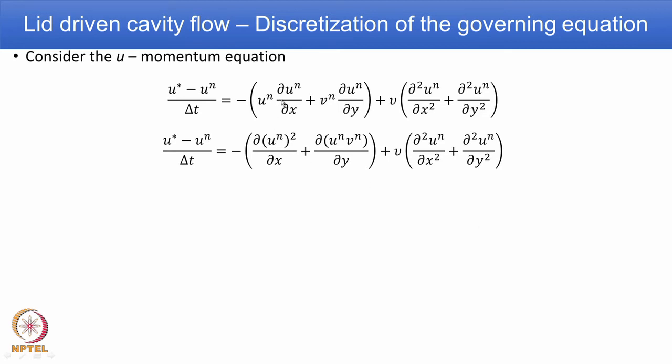Now, there is one small difference between the first equation and second equation for the convection term. This u n can be taken inside the partial derivative, and that is written here as dou by dou x of u n square. You can actually perform this operation, that is dou by dou x of u n square. You can write it as 2 u n dou u n by dou x and another term, and one term actually goes to 0 because of the continuity.